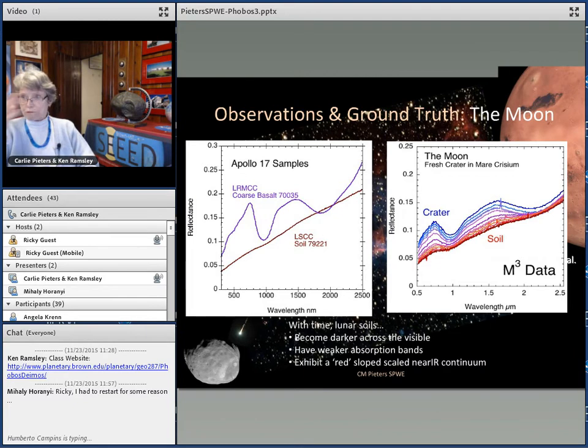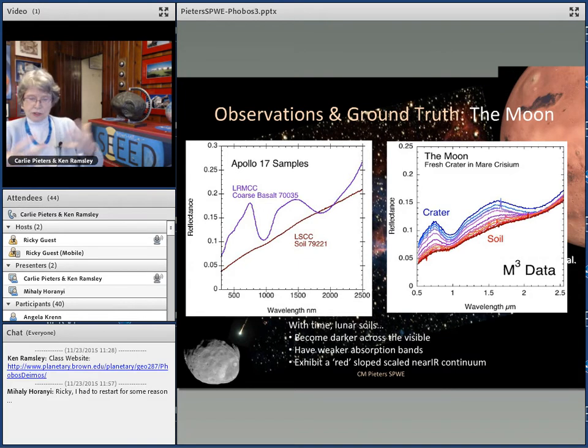When you look at a very fresh crater that's been recently excavated, you see again the highly diagnostic properties of fresh material, the pyroxenes in this particular crater, which is in a basaltic area. But as you go from this fresh crater to surrounding soils, you get the same sequence that we see in the lunar samples. Namely, the surrounding soils have this more degraded, weathered character to it, which is just the same thing that we see in the lunar samples.